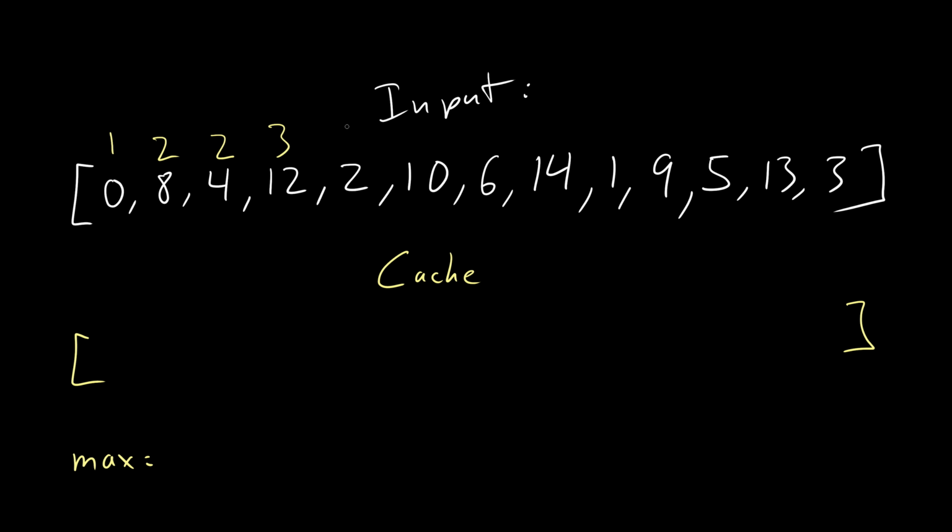Another way of looking at it is: what is the longest subsequence in all of these arrays? Then I see that 2 is the longest, and I also check, is the last number of the subsequence smaller than me? If it is, then I can add 1 to it, right?